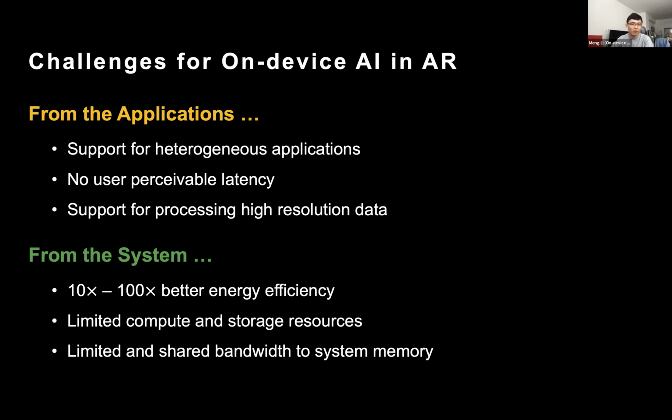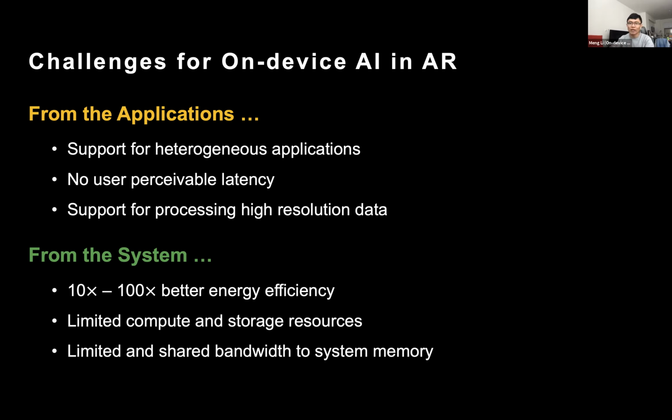From the system level, because of the limitation of the glass form factor, even compared to the efficient mobile setting, we still need 1 or 2 orders of magnitude more efficiency. Again, because of the limit of the glass form factor, we already suffer from limited compute, storage, and limited bandwidth to the system memory.